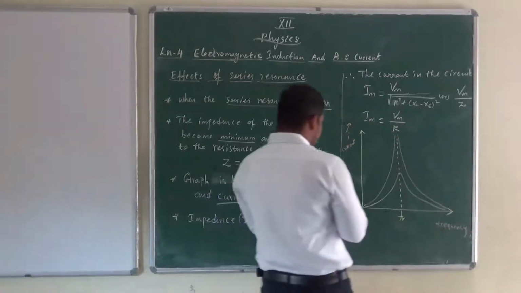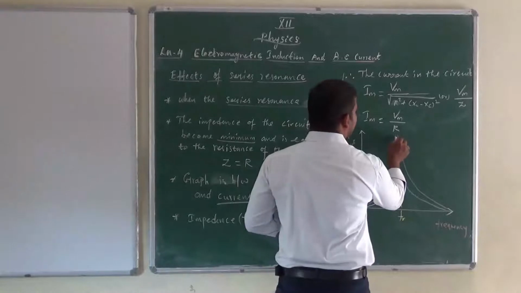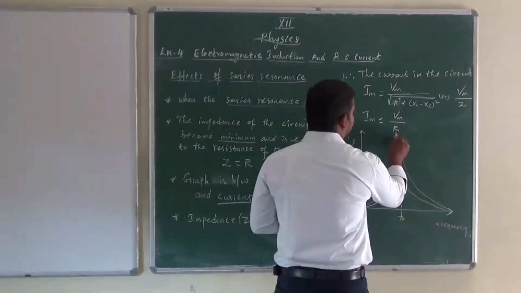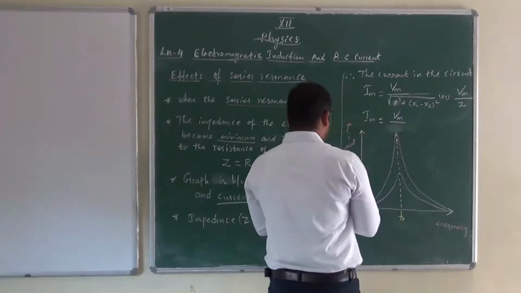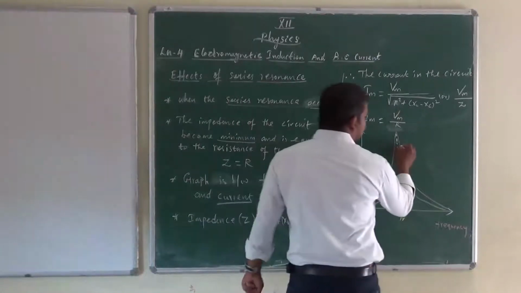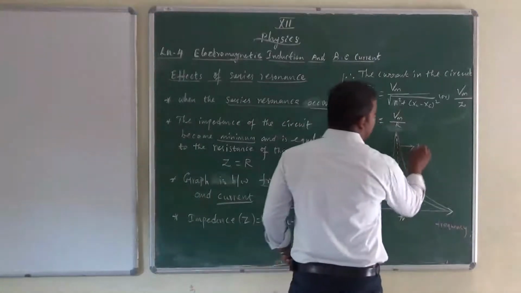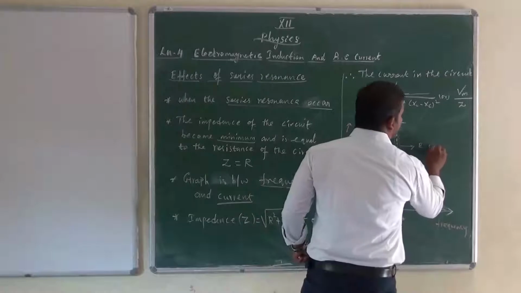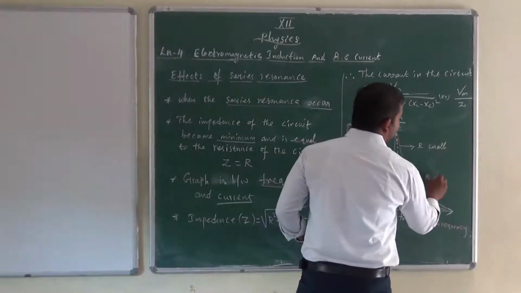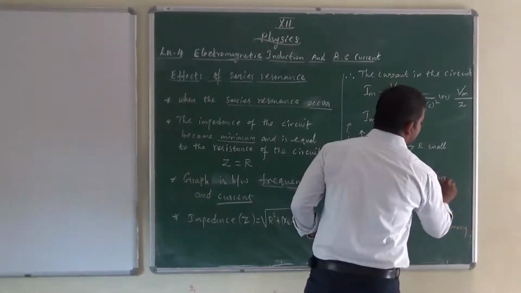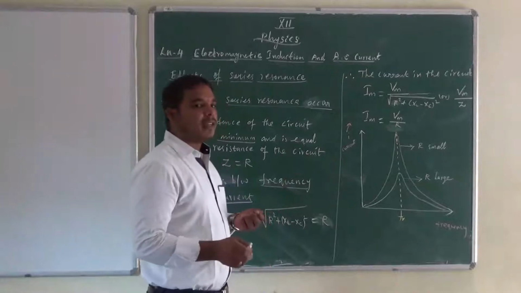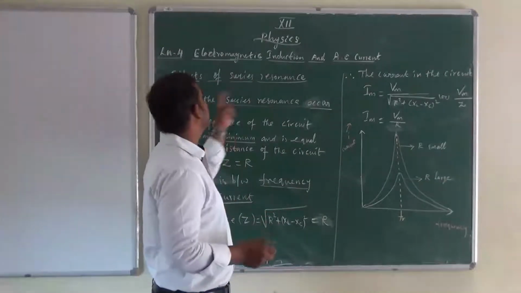Two narrow curves are there. See, two curves. The first curve indicates R small, and the other curve indicates R large. Using these curves we can determine the series resonance.